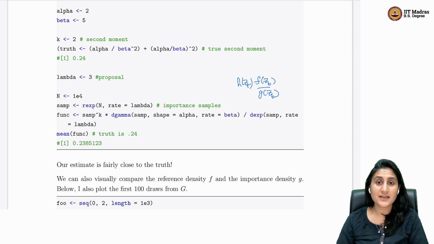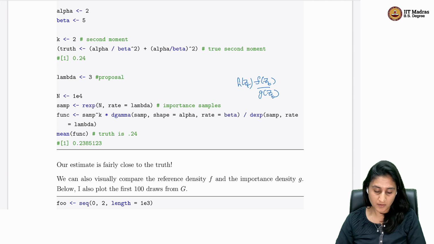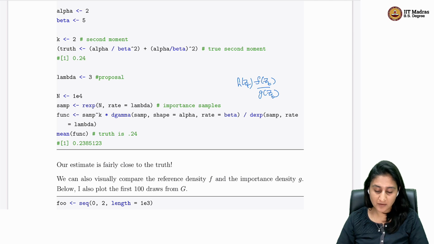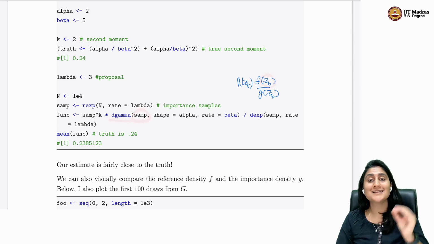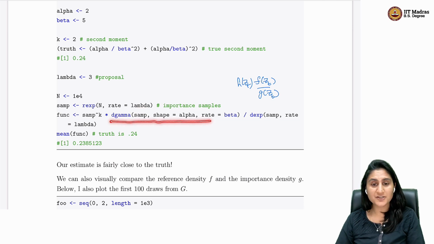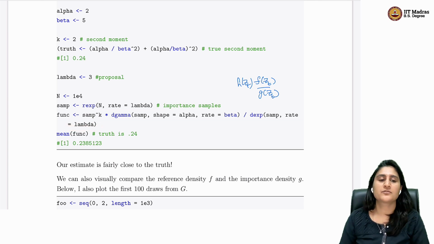So I take h of z, which is z to the power k, so that's SAMP to the power k. Then f of z is a gamma density function, so I do dgamma of SAMP, because I have to evaluate it at the zt's, with the required shape and rate, divided by g, which is dexp of SAMP with the rate equal to lambda, because that was my choice of proposal.